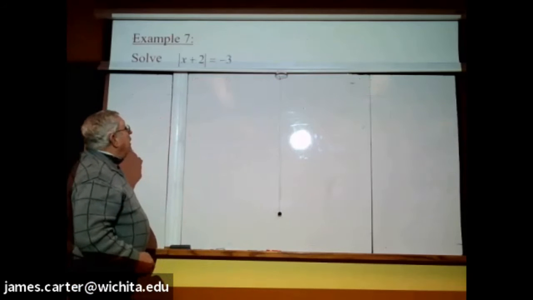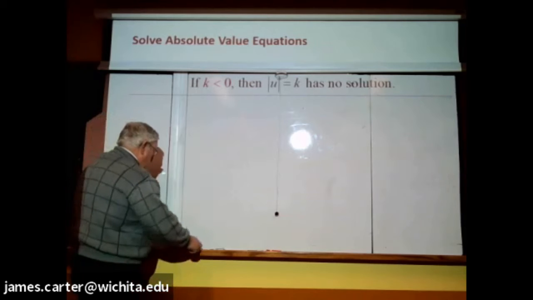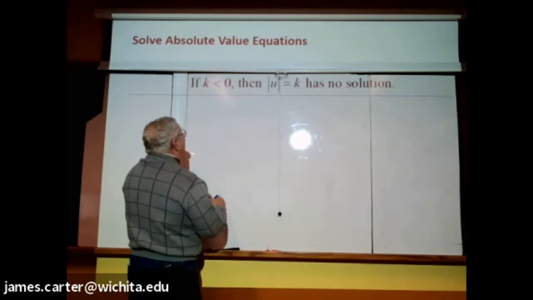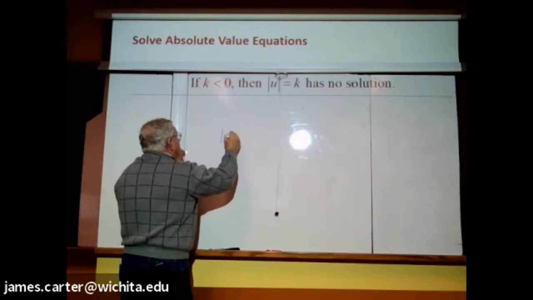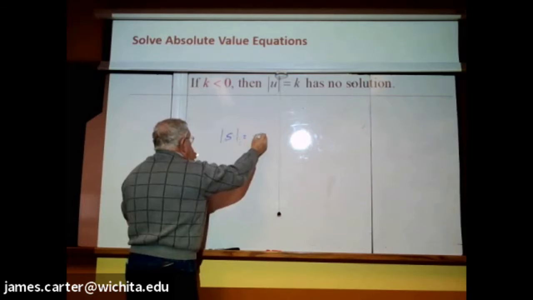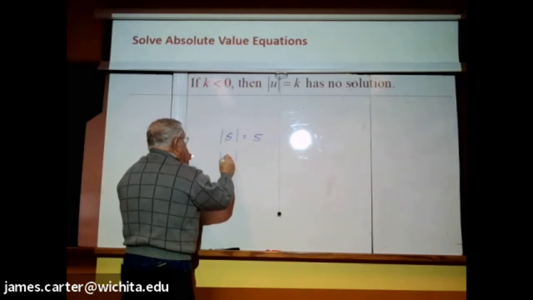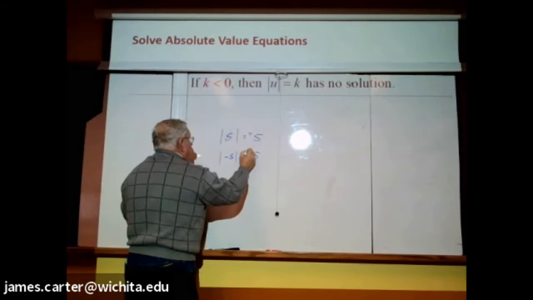That's what this is saying. So, why? Well, the reason why is absolute value of 5 equals 5. Absolute value of negative 5 equals positive 5, right?